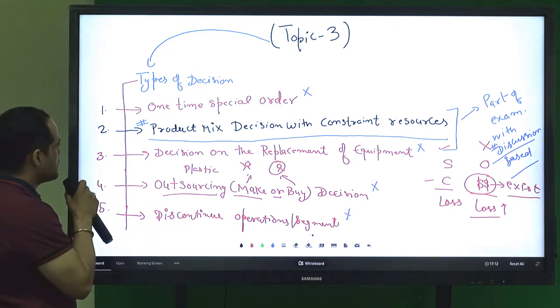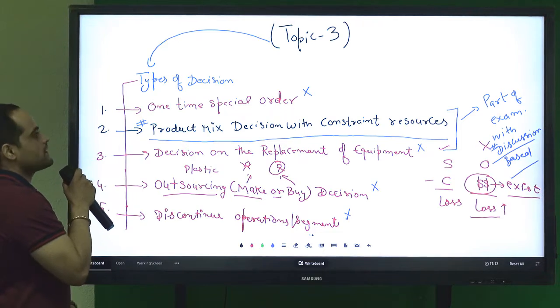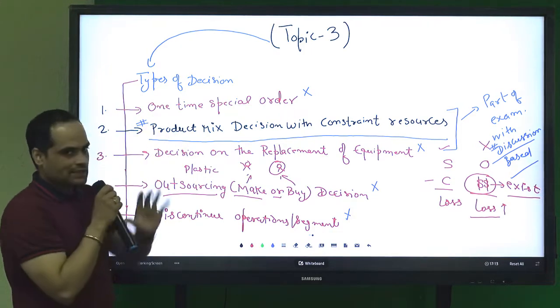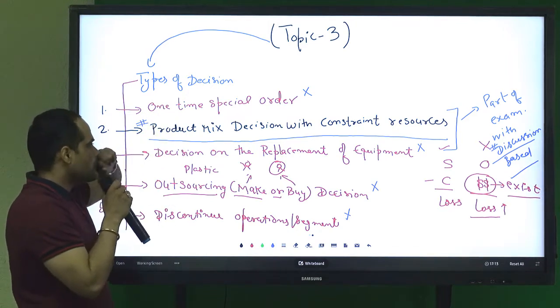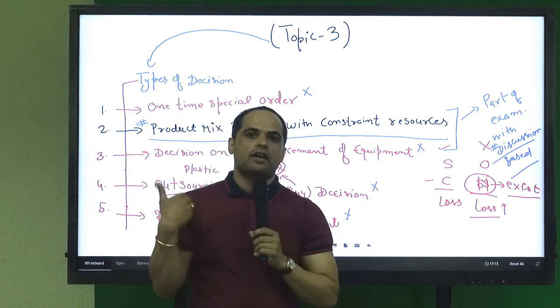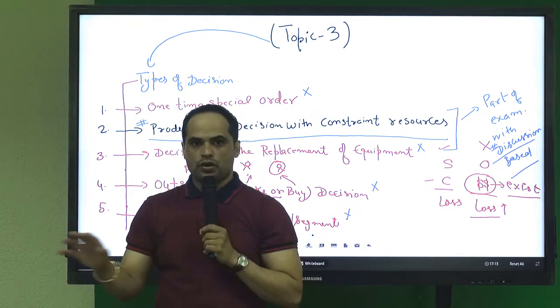So let's start with the product mix decision with constraint resources. Now, what does it mean? Product mix. First of all, product mix. Product mix means when a company produces different kinds of products, not all the products of the same nature.